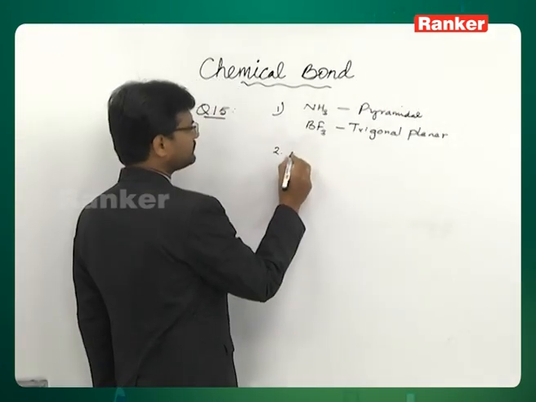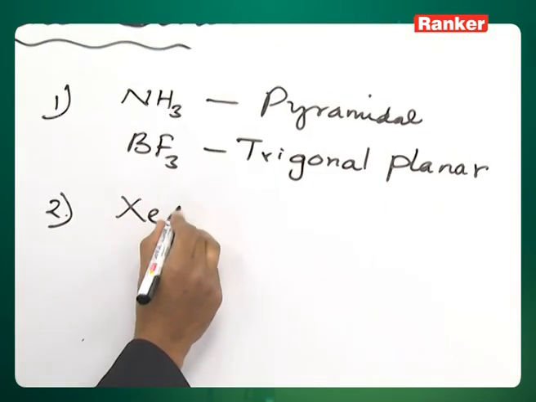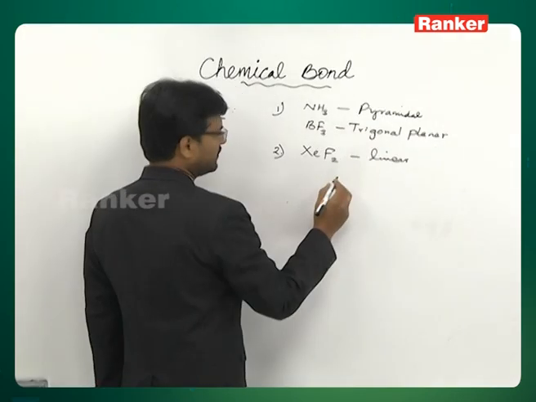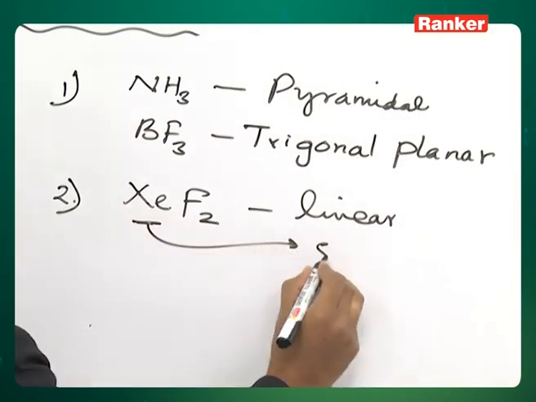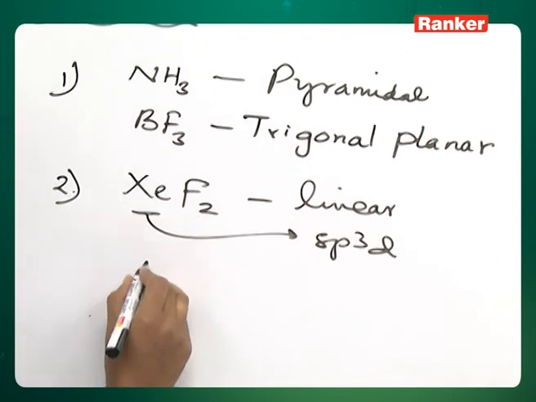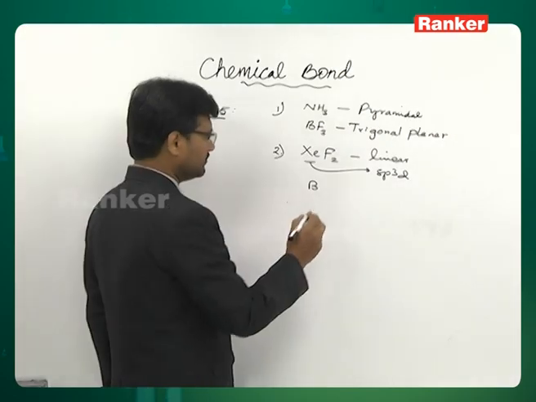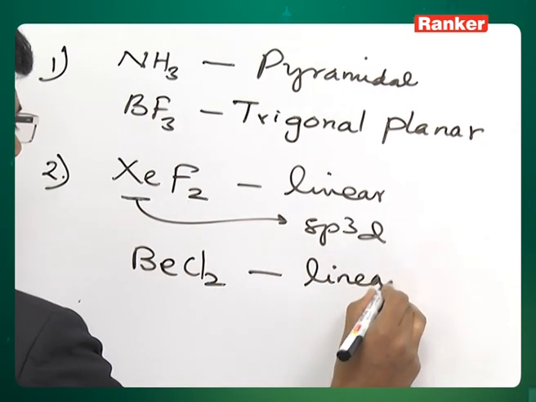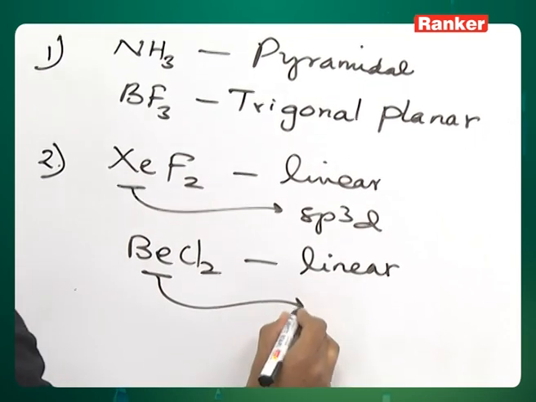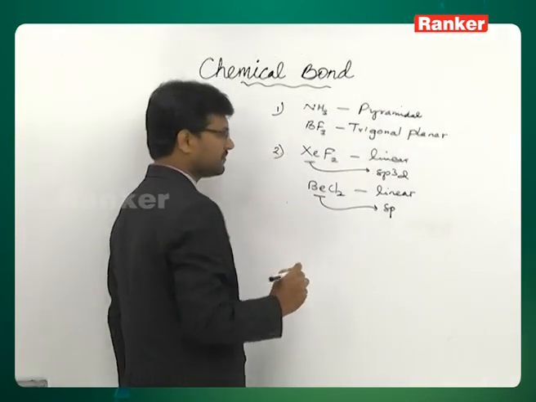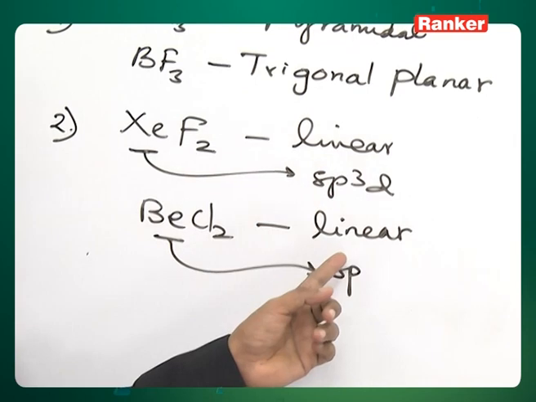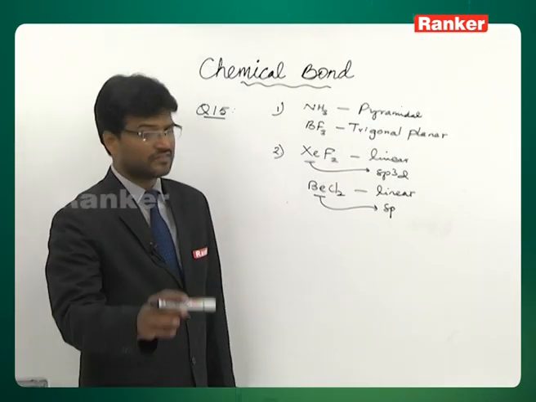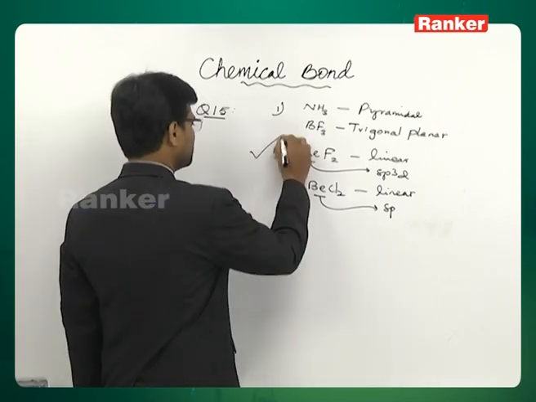Second option, XeF2 is linear with xenon in sp3d hybridization. BeCl2 is also linear, but beryllium is in sp hybridization. So shape is same but hybridizations are different. That is what we wanted. So answer is second option, but let's look at the other options also.